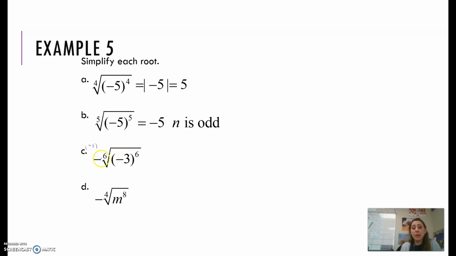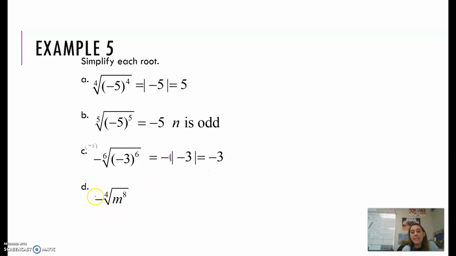So we are going to have an even, so we're going to have the absolute value of negative 3, which is a positive 3, and then we're going to multiply that by that negative 1 that is out front. So negative 1 times positive 3 is a negative 3.